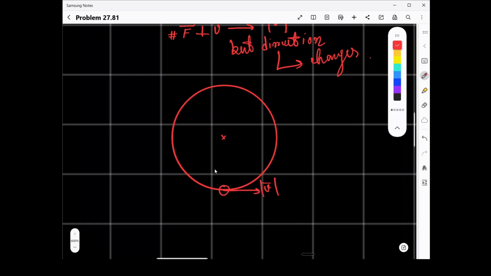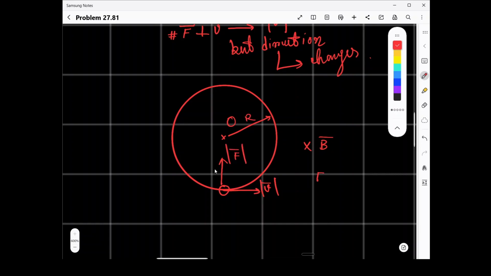Let's take the magnitudes first. Here, by the cross we denote the B vector, and the force will be towards the center of the circle O. Let's assume that this circle has a radius of r.